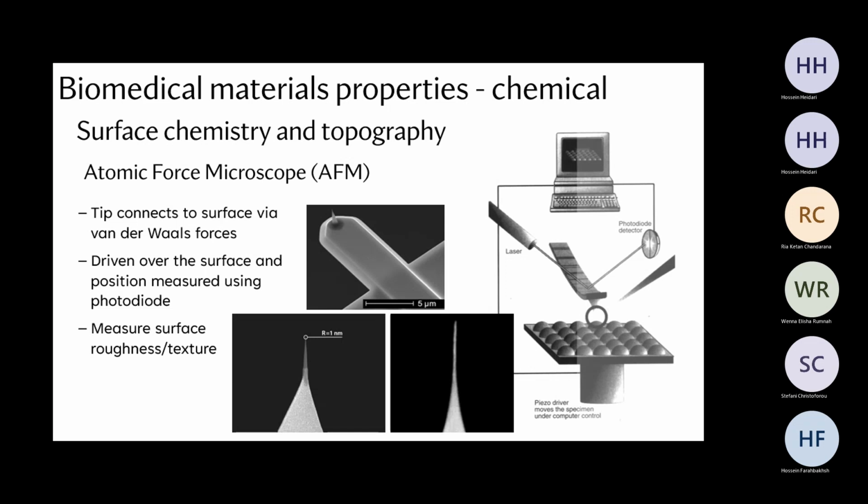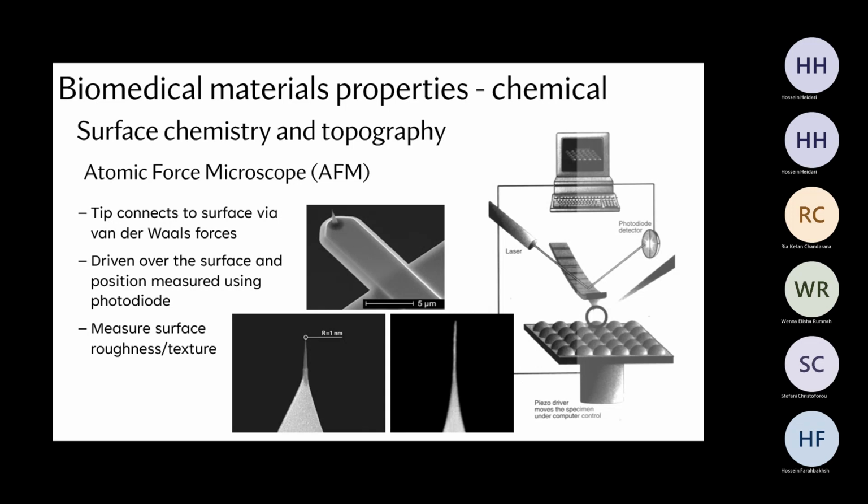This is atomic force microscopy. How many of you know what atomic force microscopy is? Atomic force microscopy is a process where you have a probe with a very sharp tip. And when I say sharp, if you zoom in one level, that's good.